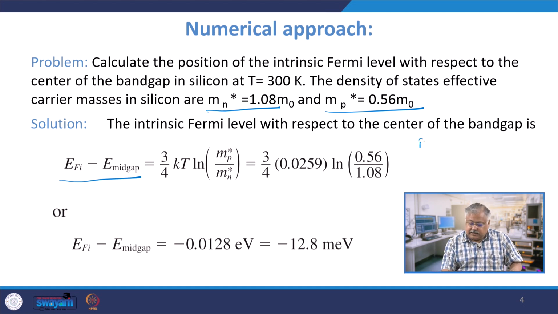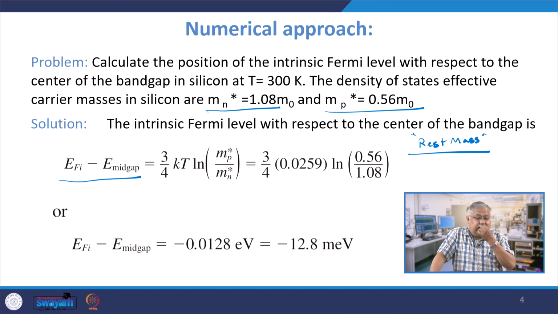So, the rest mass is defined as when the carrier is moving without any effective potential, within a zero potential well. Now, if it is moving in an array of a large number of silicon atoms, then its effective mass changes and it becomes a certain factor of the rest mass, and that is given by this.